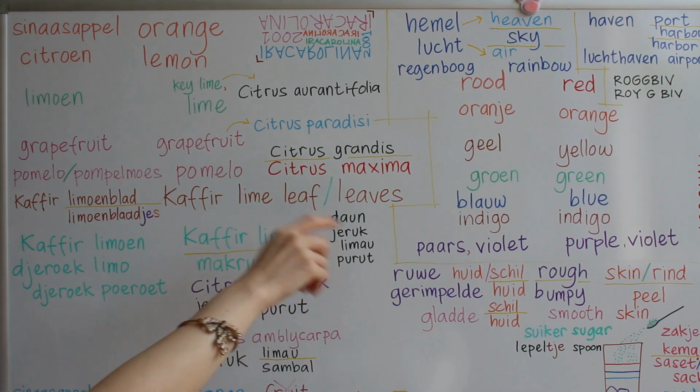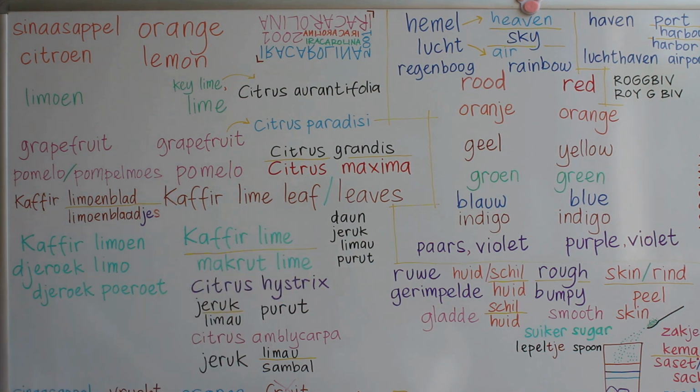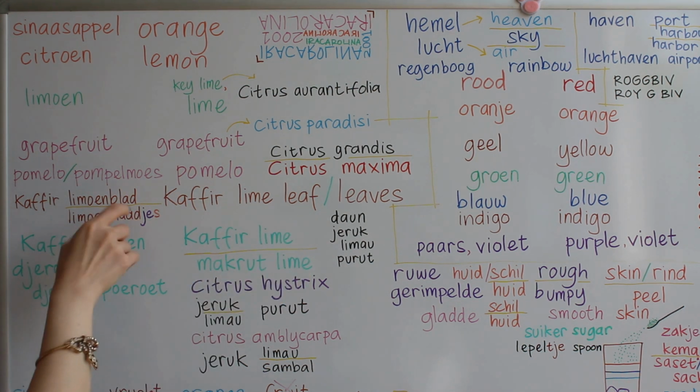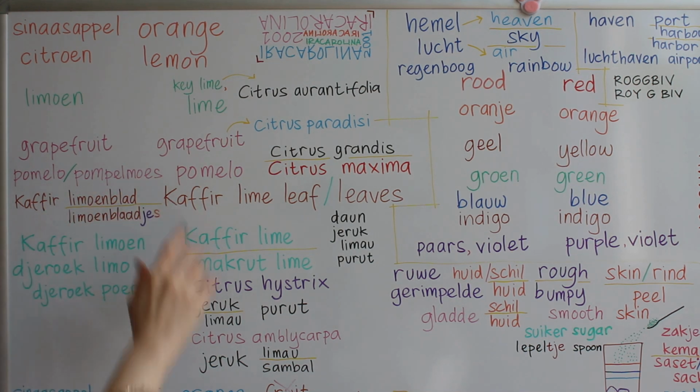For the leaves, if you use Indonesian, you have to use the word daun, or bladjes for Dutch. Yeah. Thank you.